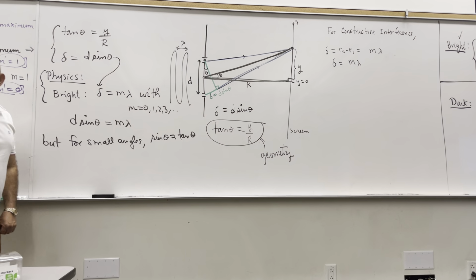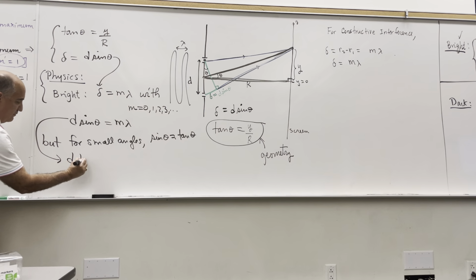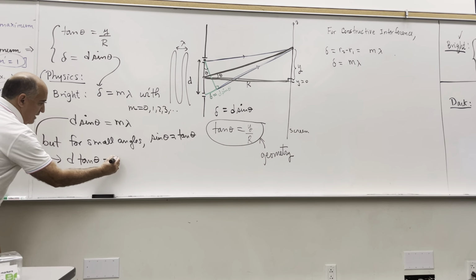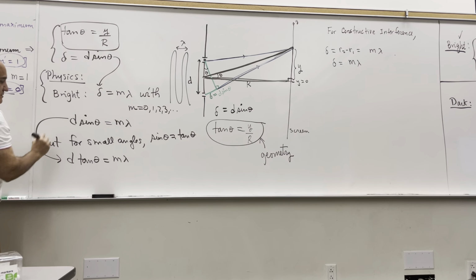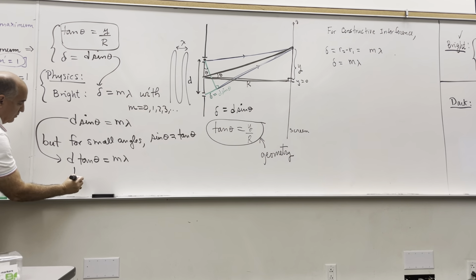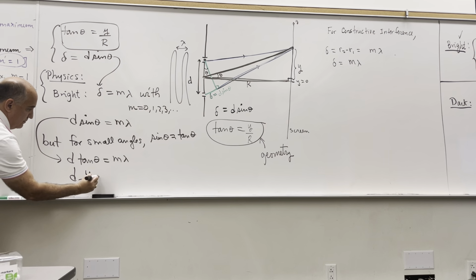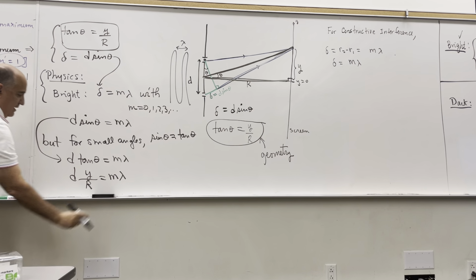Take the sine of 1 degree, get a number. Take the tangent of 1 degree, you essentially get the same number. Take the sine of 2 degrees, take the tangent of 2 degrees, they're roughly the same number. So therefore, this approximates to d tangent of theta, which is m lambda, but then the tangent of theta from geometry is this. So this is d times y over r equals m lambda.